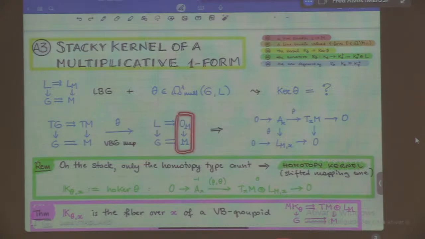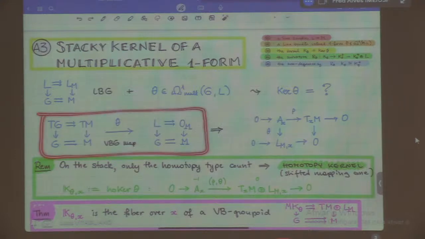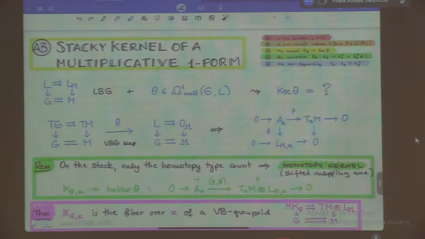Now the side bundle is just the trivial vector bundle over M. And if we understand theta as a vector bundle groupoid map like that, it induces the map on fibers. Now the fiber of the tangent groupoid is the anchor of the Lie algebroid, as I mentioned.